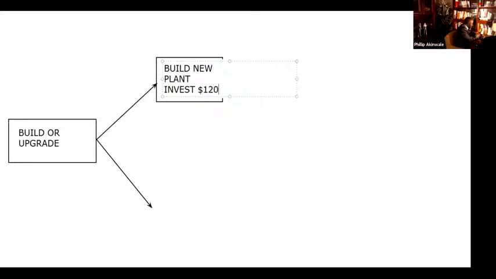This money is very important because the money you are investing is ultimately going to affect your profit. So you do not want to forget that you are investing 120 million. So for that reason, I will put this in a different color just so you do not lose sight of the monies.